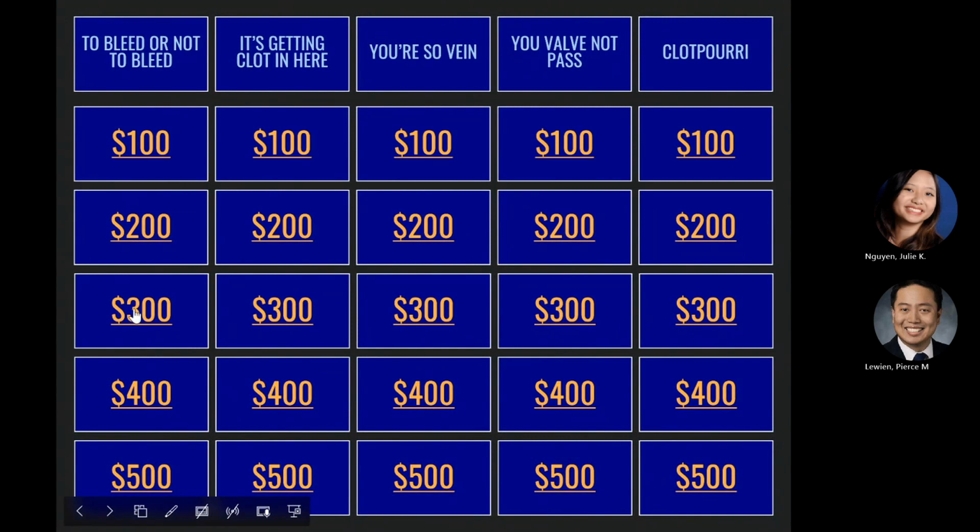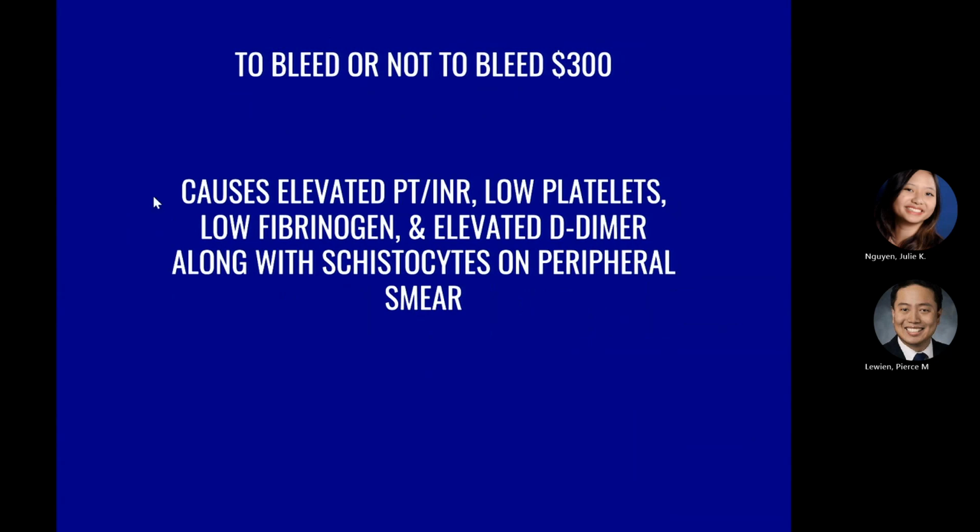Okay, for 300. This condition causes increased PT/INR, low platelets, low fibrinogen, and elevated D-dimer, along with schistocytes on peripheral smear.